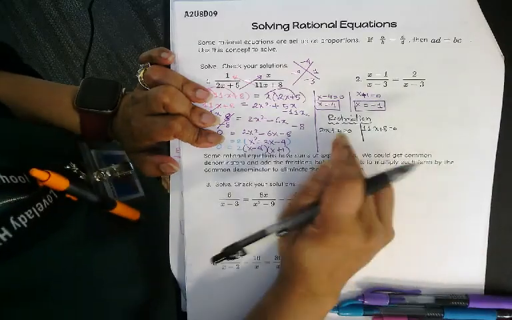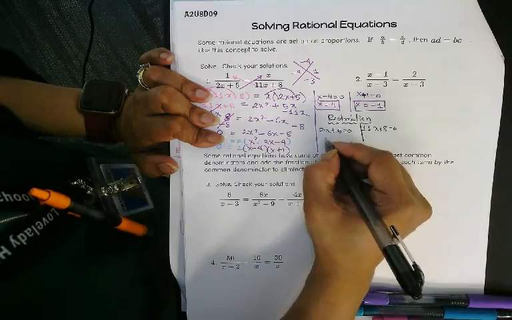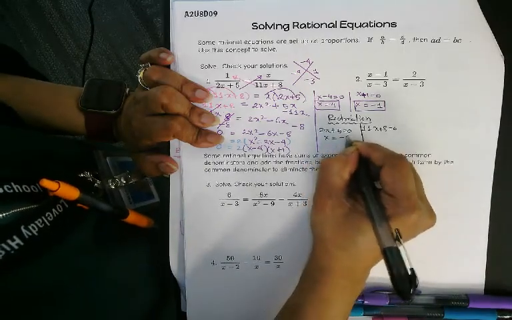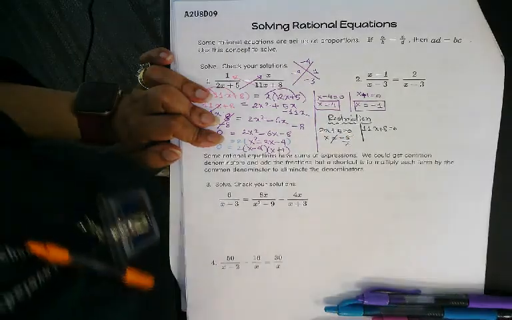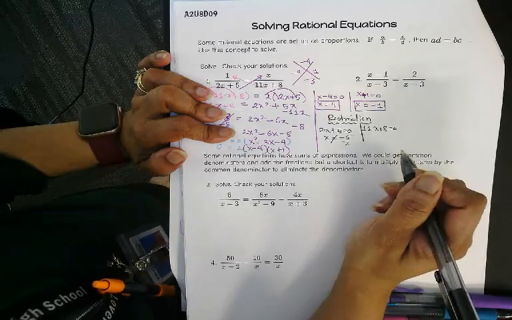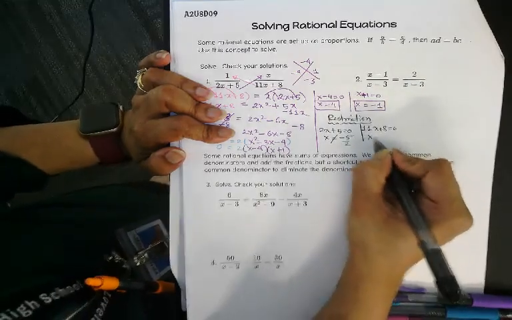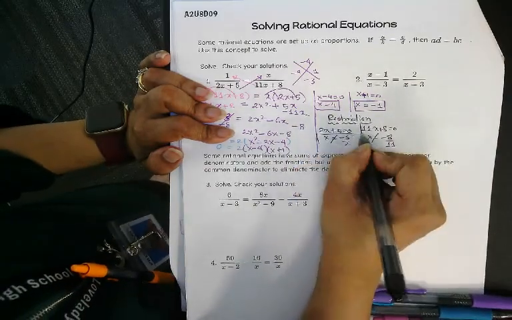What's the value for x over here? Negative 5 over 2. Once you get the value, we set it to cross out. And what's the value over here? Negative 8 over 11. These are your restrictions.